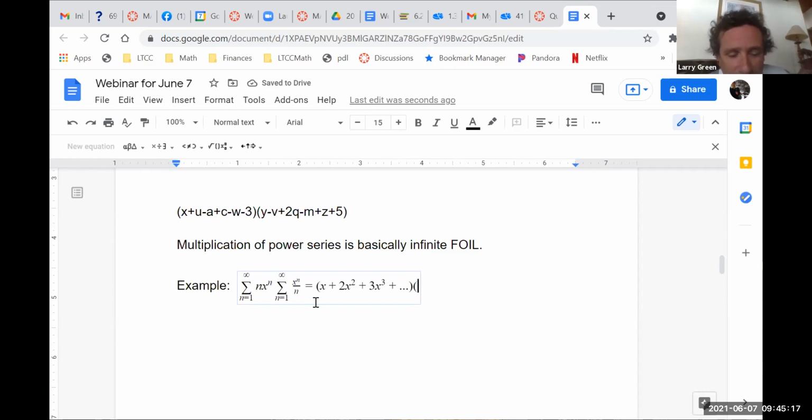If n equals 1, we get x. Plus, if n equals 2, we get x squared over 2. If n equals 3, we get plus x cubed over 3. And then we're tired, so I'm going to write plus dot, dot, dot. Do you all agree it's so far so good? I haven't cheated or done anything wrong?